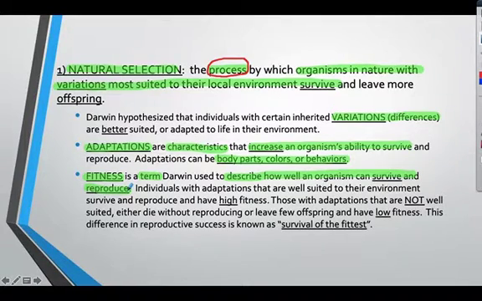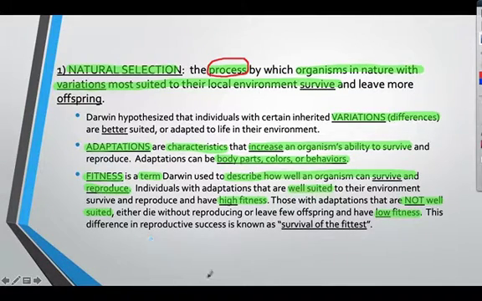Organisms with low fitness are not going to survive as well, and so therefore they would not produce very many offspring. Okay, and so let's make sure we get that. High fitness, let's say well-suited organisms are going to have high fitness, and then those that are not well-suited are what we would say low fitness.